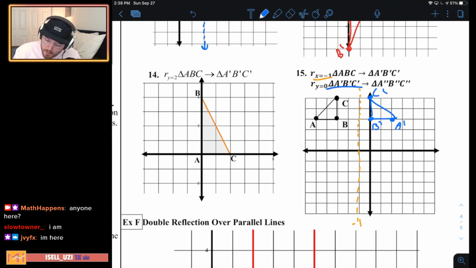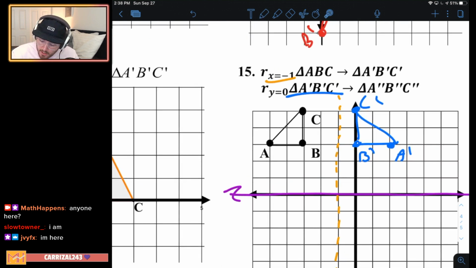So now we're reflecting across the line y equals 0. And which figure am I reflecting, the black one or the blue one? Well, the notation tells all. This says reflect this guy and turn it into this, which I just drew.